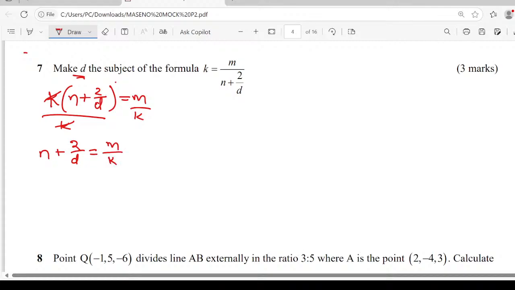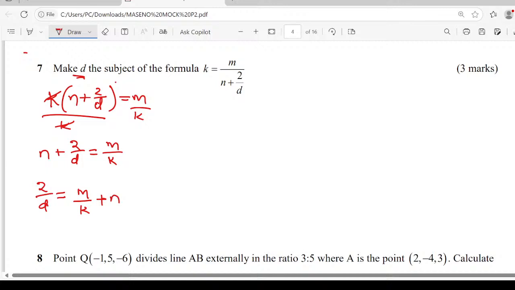Step number 3, because I want d, I have to remove this n here. How do I remove this n? It has to move to the other side, and when it crosses over, it becomes subtraction. So here I'll be remaining with 2 over d being equivalent to m over k plus n.